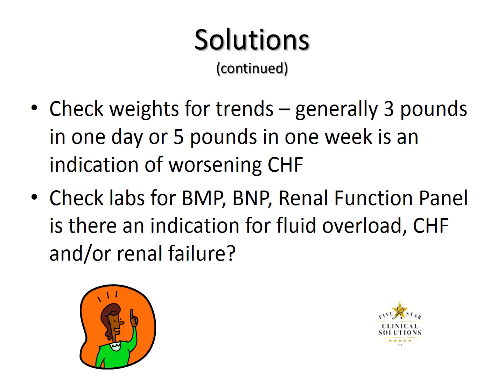Check weights for trends. Generally, 3 pounds in 1 day or 5 pounds in 1 week of weight gain is an indication of worsening heart failure. Check labs for the BMP, the BNP, which is indicative of heart failure, and the renal function panel. Is there an indication for fluid overload, CHF, or renal failure?